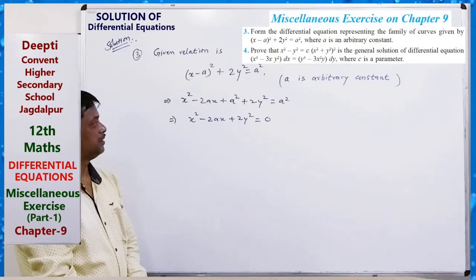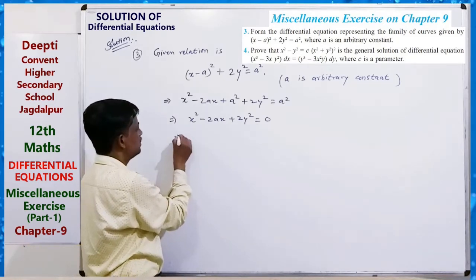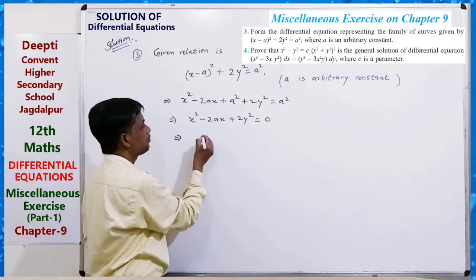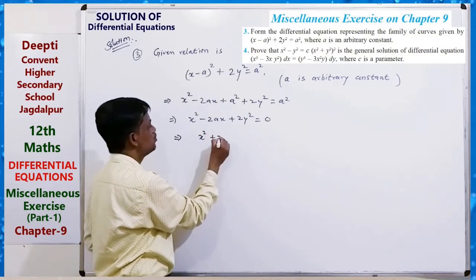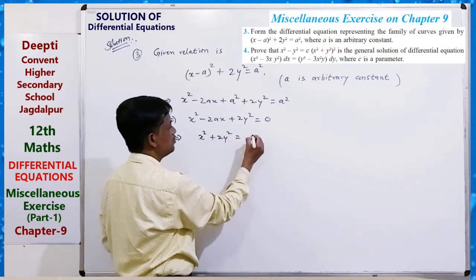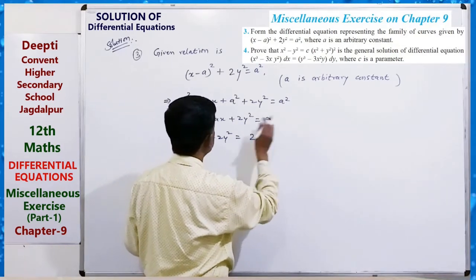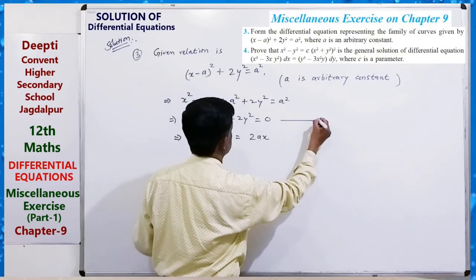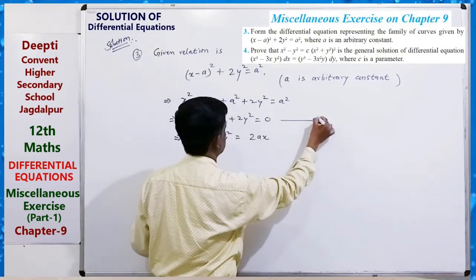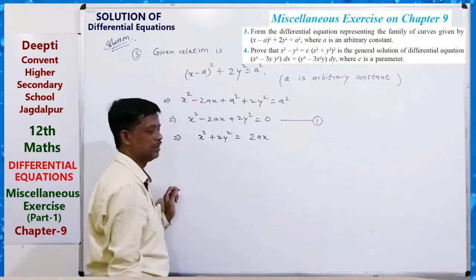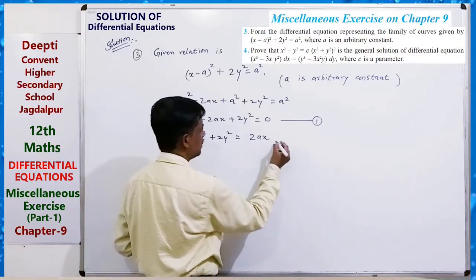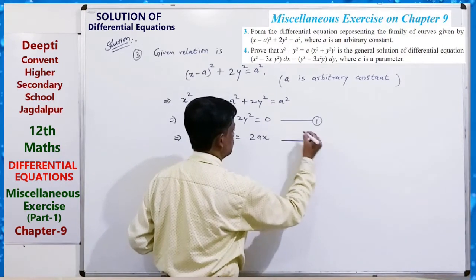Clear? From here we can see that x square plus 2y square equals 2ax. Okay, this is equation 1 and this is equation 2.